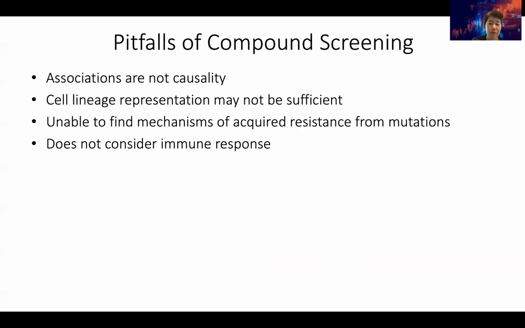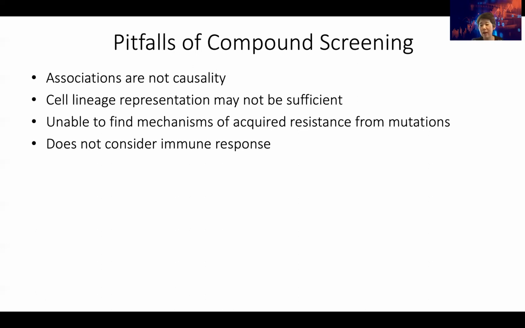Unfortunately, there are also some pitfalls for compound screens. A lot of these initially are associations. We're seeing that this mutation is associated with a response, or this gene expression is associated with a response. There still needs to be additional tests to really validate that this is causal and understand the mechanism. Also, the cell line lineage representation may not be sufficient.